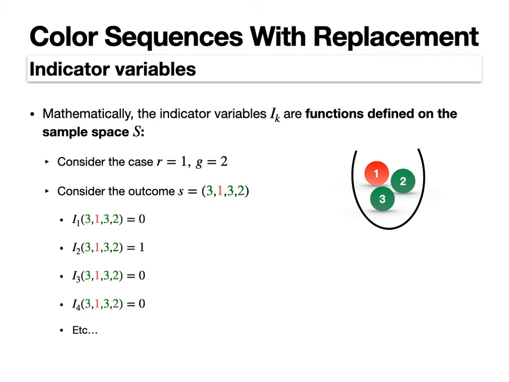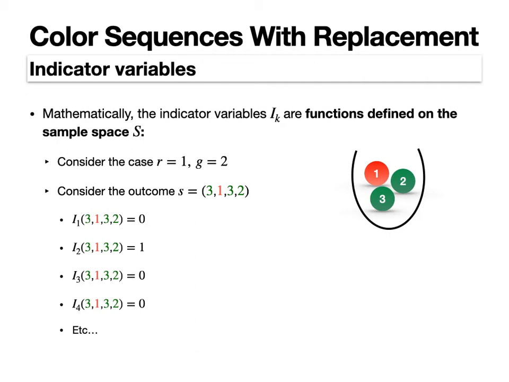Why? Because I1 tells me the color of the first ball. The first ball was ball number 3, and that's green. So I1 would be 0. I2 tells me the color of the second ball. The second ball was ball number 1, that's red, so I2 of 3, 1, 3, 2 would be 1, and so on.